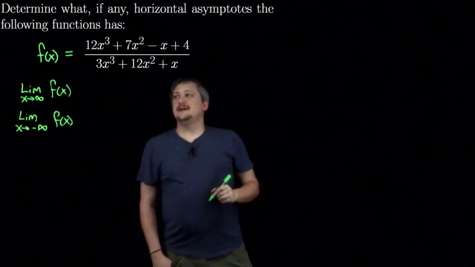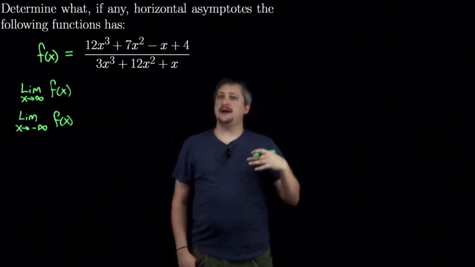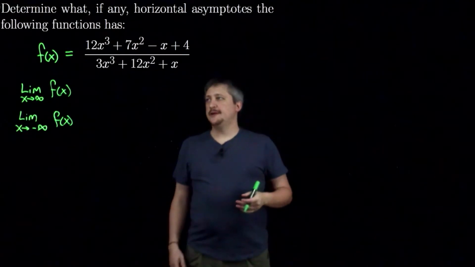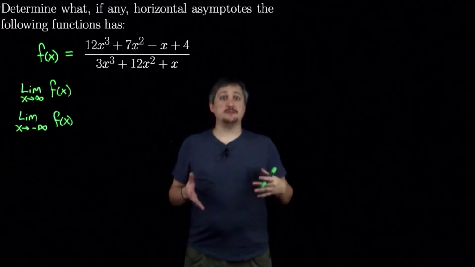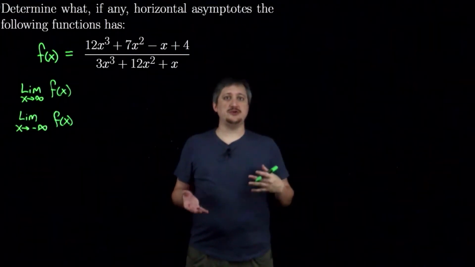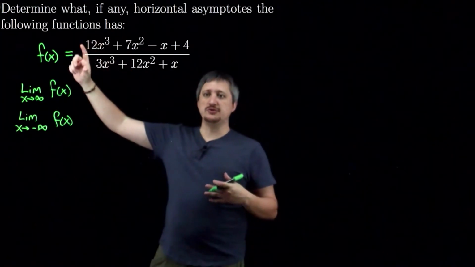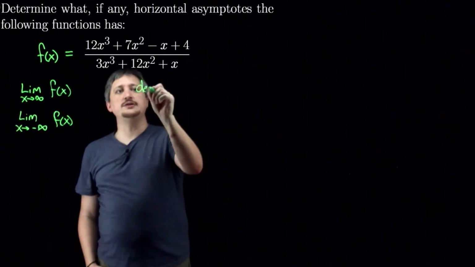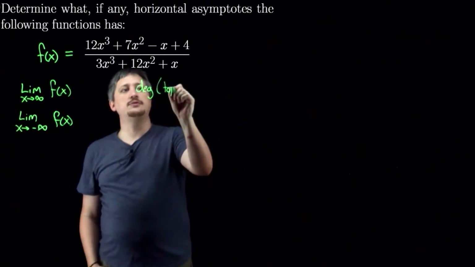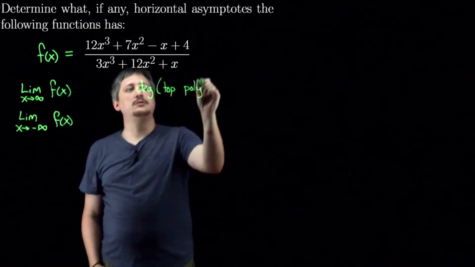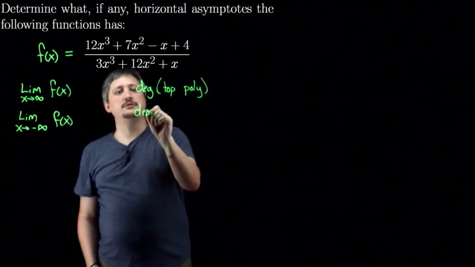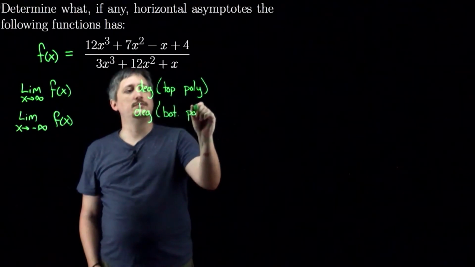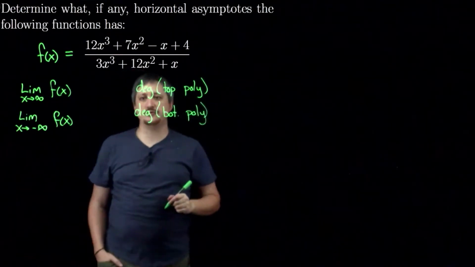There we go. So, as mentioned in another video, the way I want to do this is by multiplying by 1 cleverly. I do that by looking at my original function and asking what is the degree of the top polynomial and the degree of the bottom polynomial, and taking the smaller of those two values.